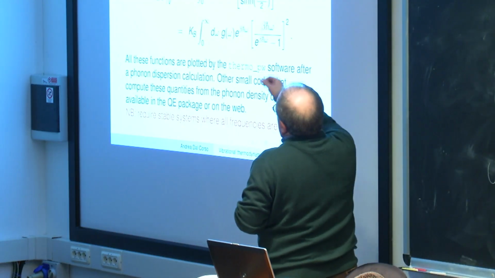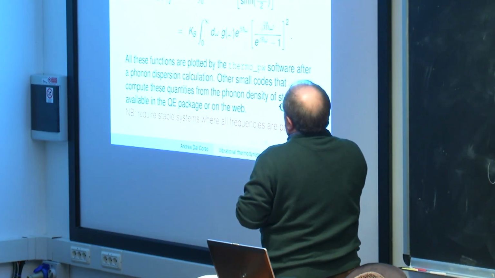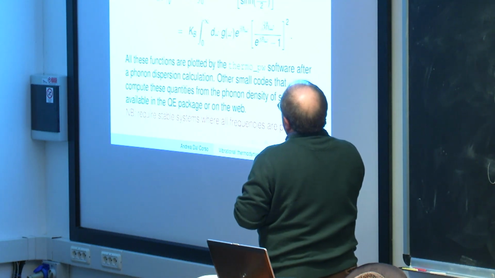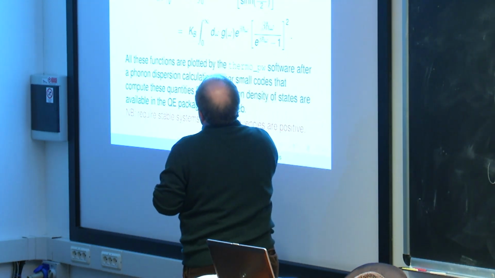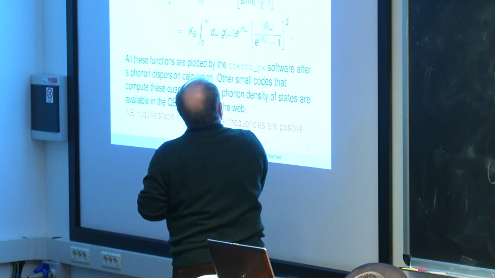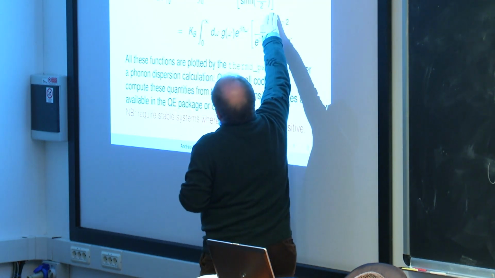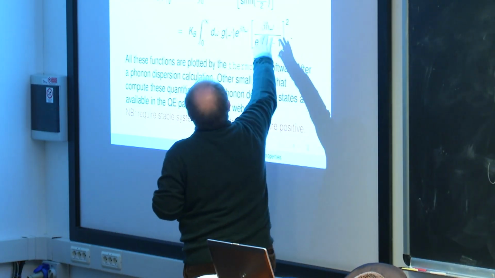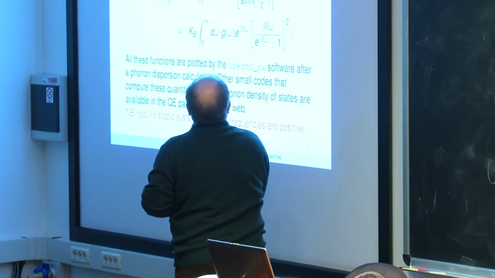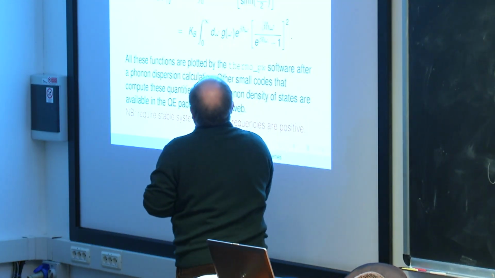We can also calculate the constant volume specific heat. It is the derivative of the energy with respect to the temperature. If you do the derivative now, we have the expression of U, and you obtain something like this. This is another equivalent expression.